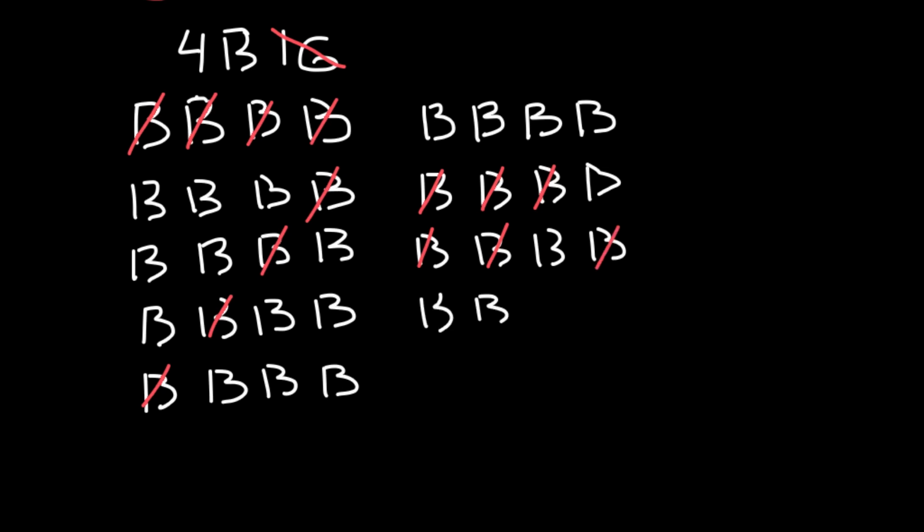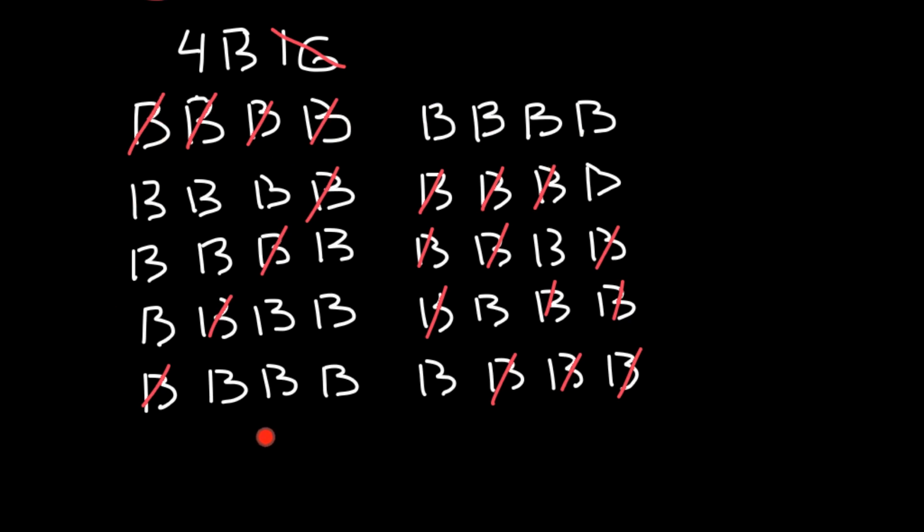Now let's list another variant, and this time we would have the first one affected, third and fourth, and the last variant would be when second, third and fourth would be affected. So we listed 4 variants: 4 affected, 4 unaffected, 1 out of 4 affected, 1 out of 4 unaffected.